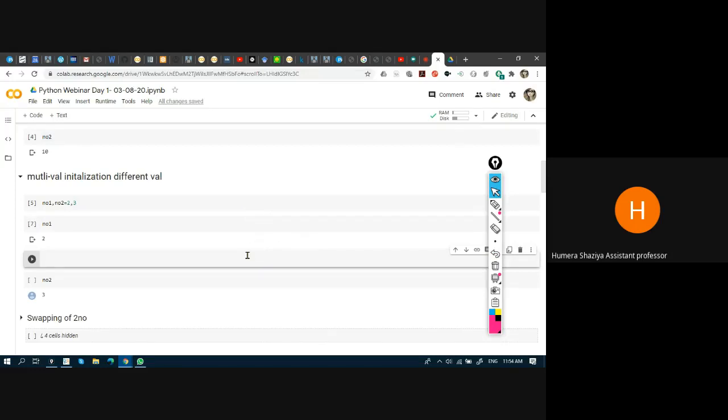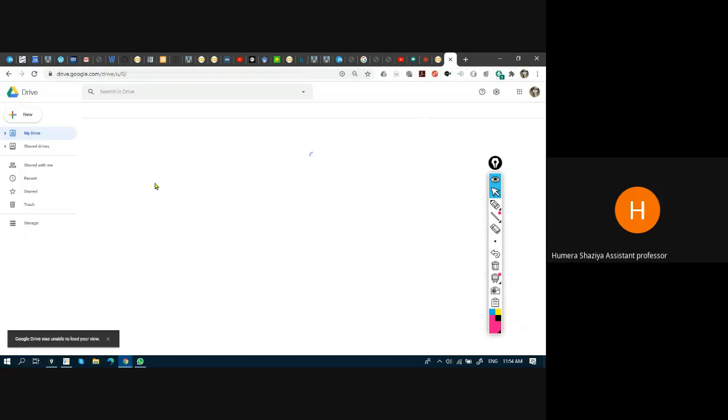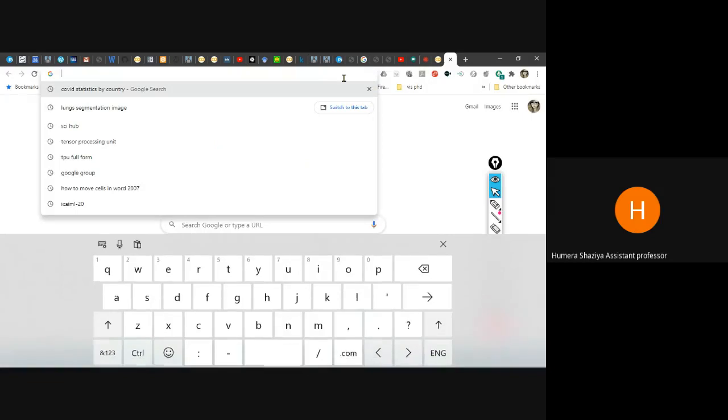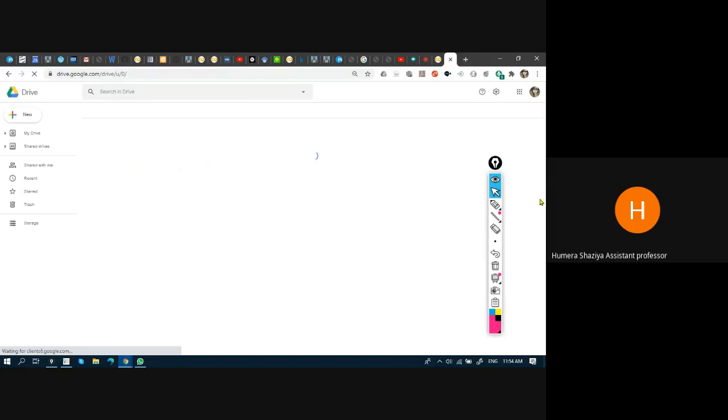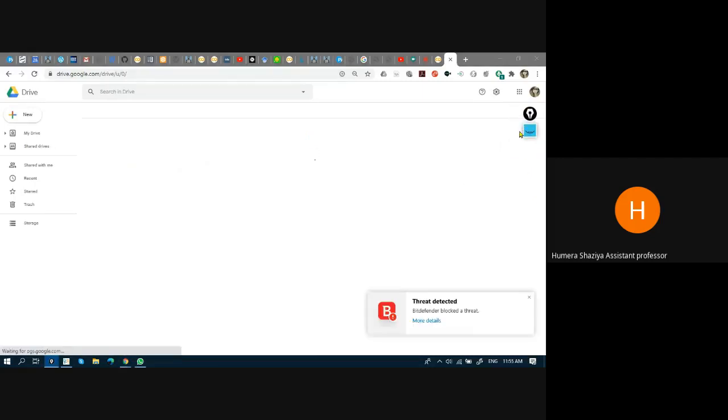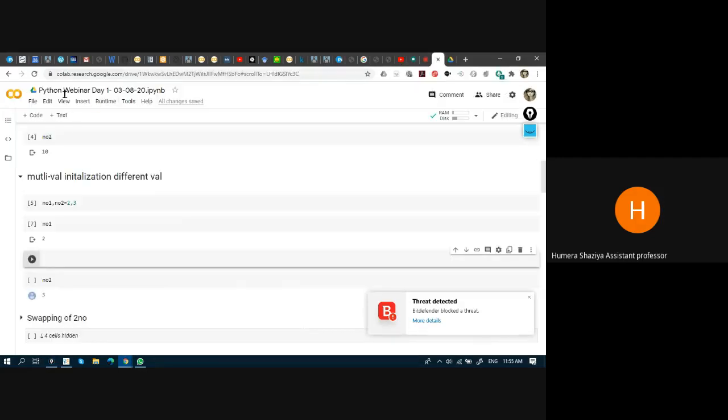Machine learning program would be quite complex. Let me show you one machine learning program or deep learning program as well. Right now, Google Drive is not able to get loaded. Okay, another way is to open from here directly.